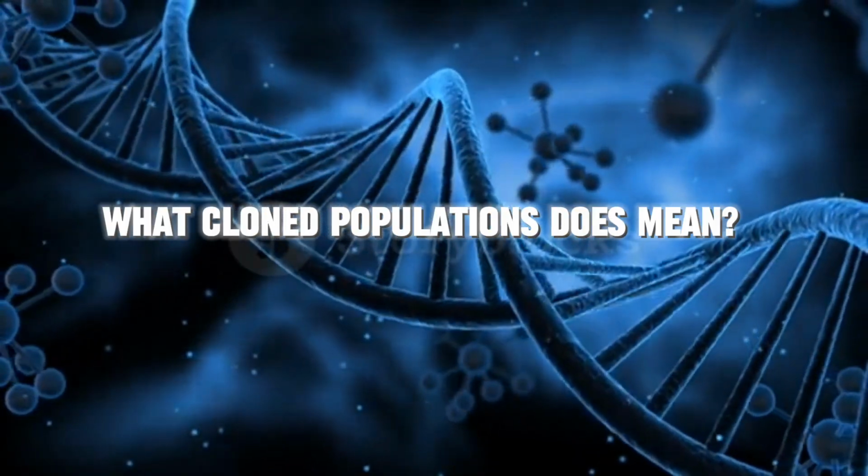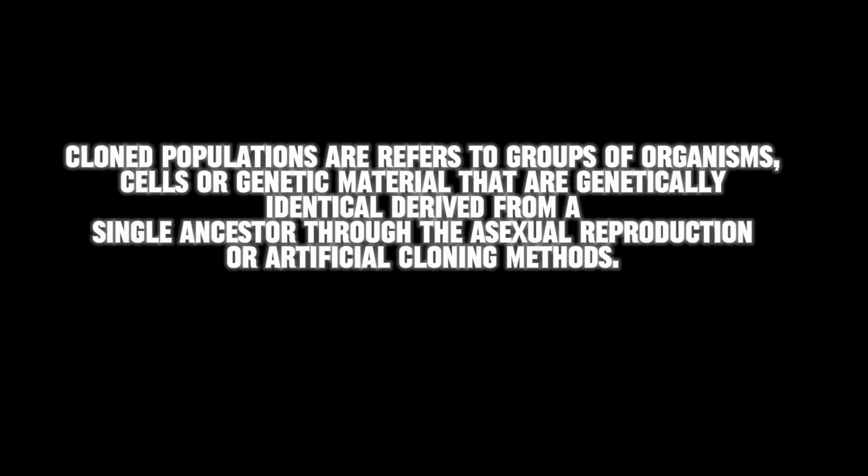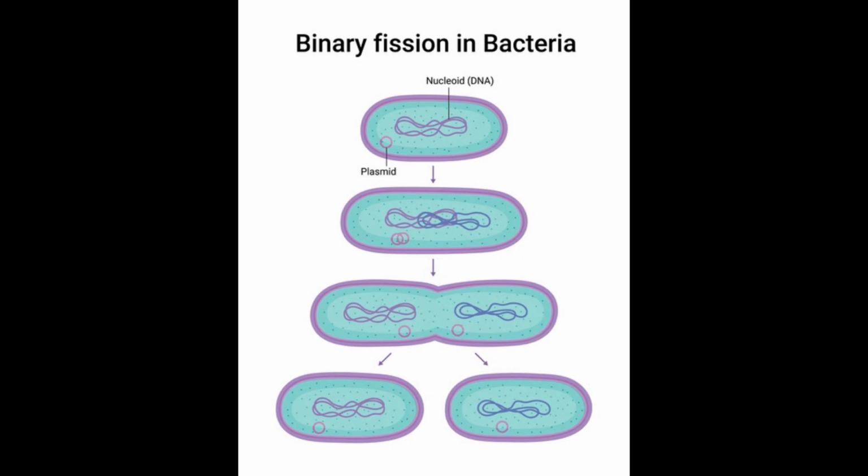What does clone population mean? Clone populations refers to groups of organisms, cells, or genetic material that are genetically identical, derived from a single ancestor through asexual reproduction or artificial cloning methods. So here are examples of clone populations.